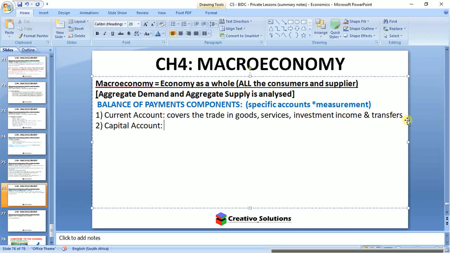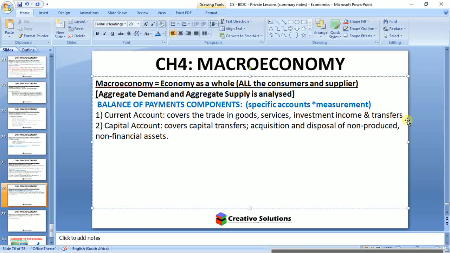So the first thing is it covers capital transfers, acquisition and disposal of non-produced non-financial assets. That's what they're looking at there.